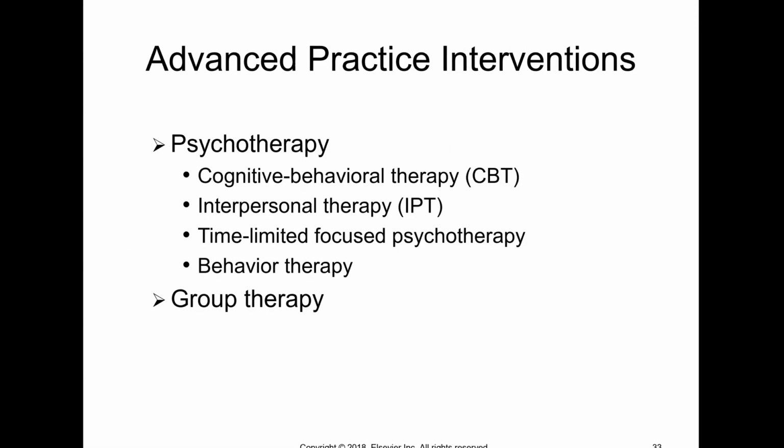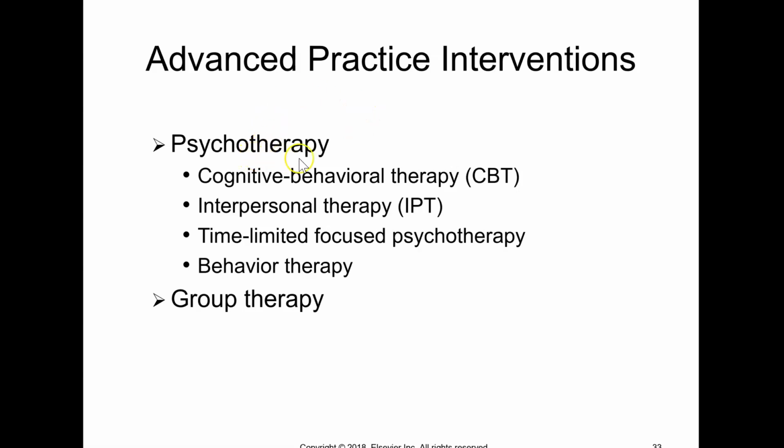So what do our APRNs do? What do our psychiatric nurse practitioners, what is their job? Now notice, I love this word, therapy, okay? It is the nurse practitioner's job to therapize, I like to make up words as I go along, the patients. Therapy is outside the scope of practice for a regular RN out on the floor, okay? We do not engage in therapy.